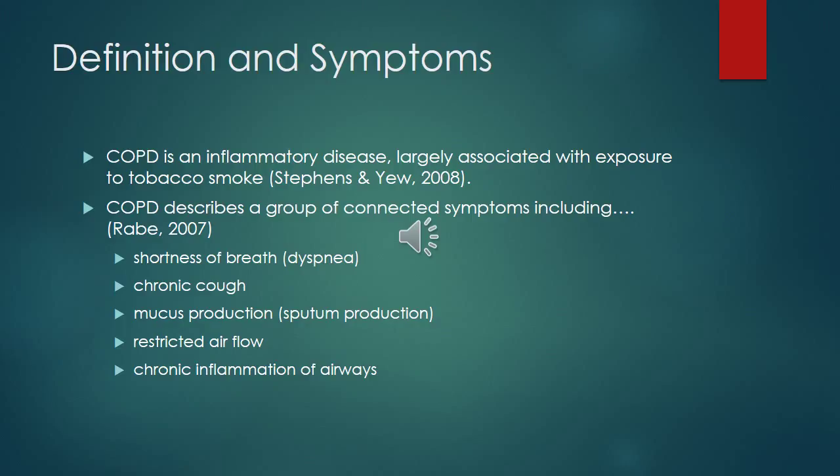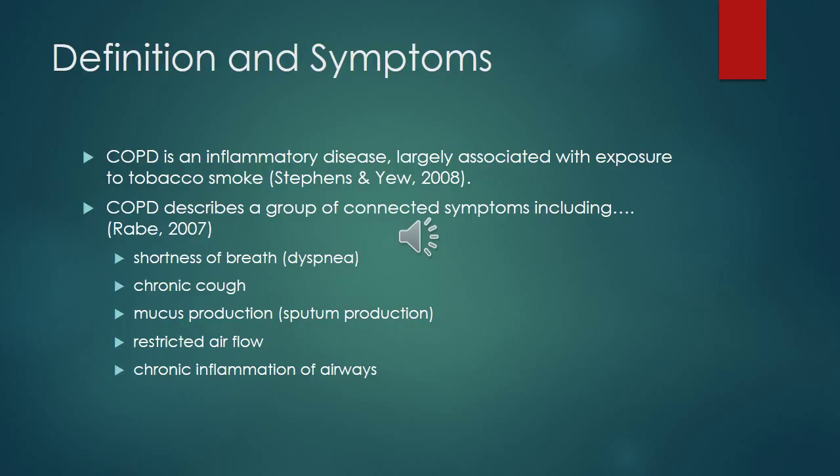So COPD describes a group of connected symptoms according to RAVE 2007, and that includes shortness of breath, or dyspnea. It includes chronic cough. In fact, many people with COPD have what they call smoker's cough. It includes excessive mucus production, or more technically, sputum production.